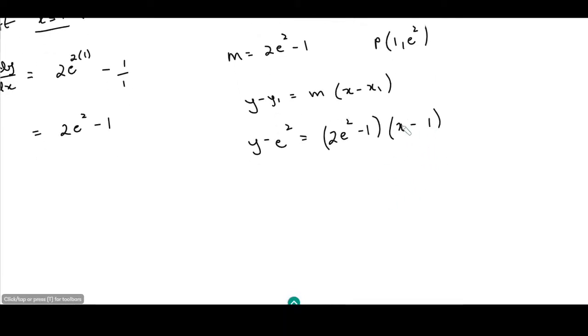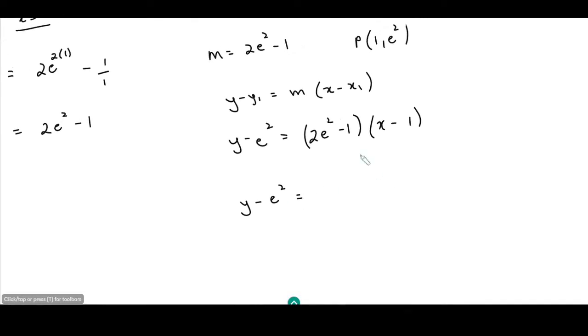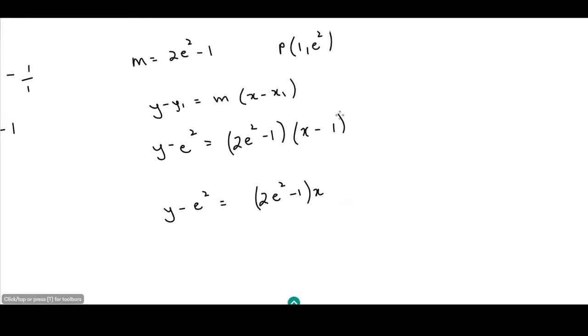Okay, so now we can expand the right hand side, so we have y minus e squared equals this entire quantity times x, 2e squared minus 1 times x, and then we have this entire quantity times minus 1. So we have minus 2e squared, and then minus 1 times minus 1 is plus 1.